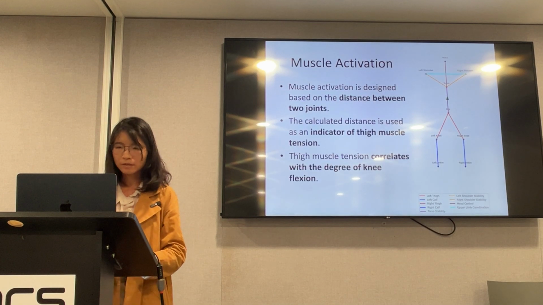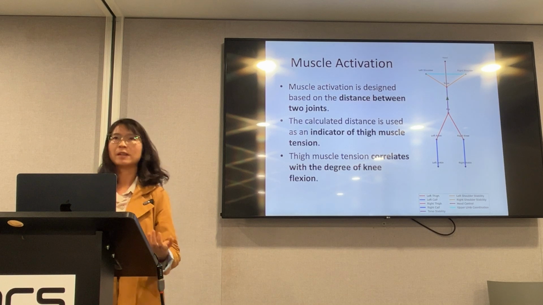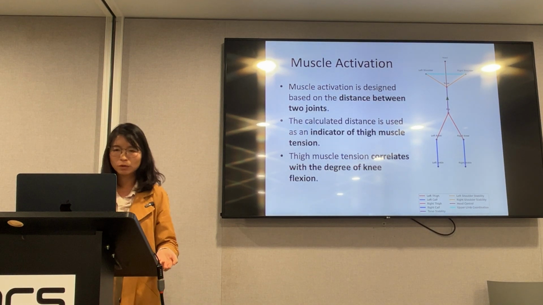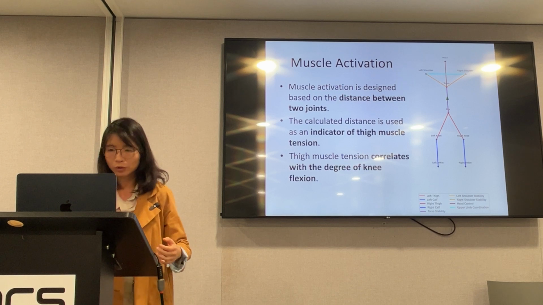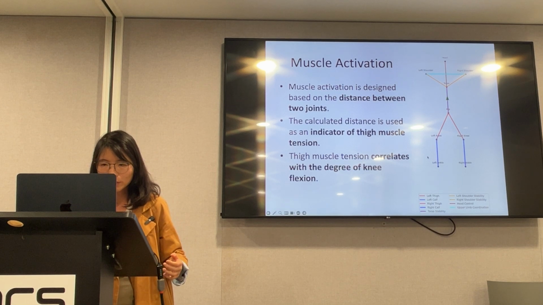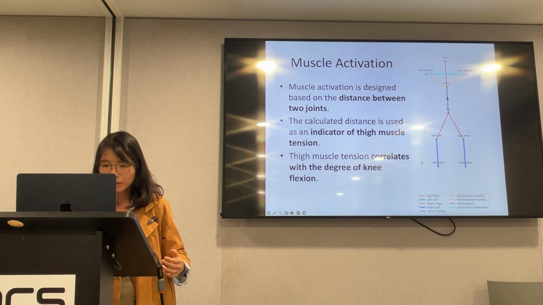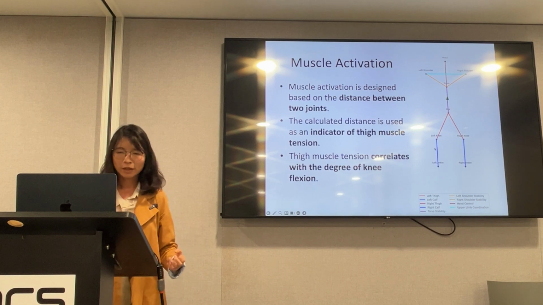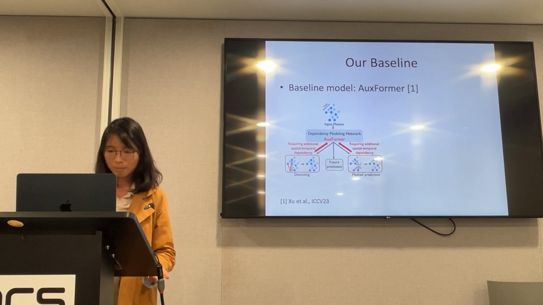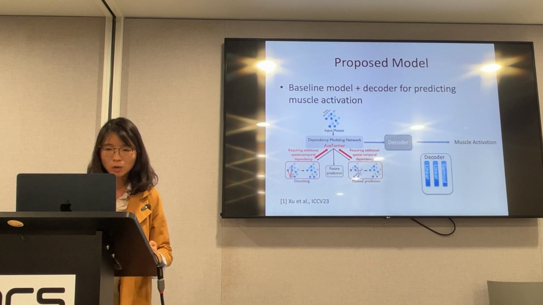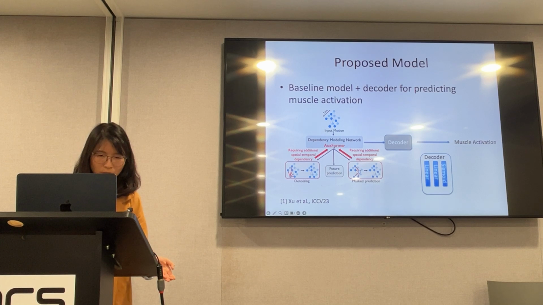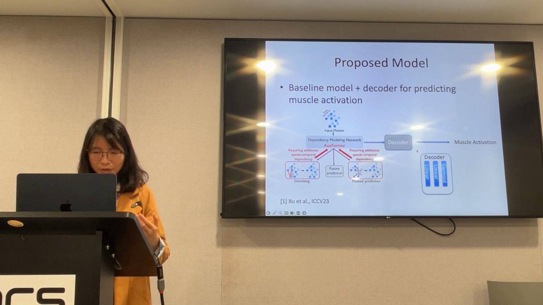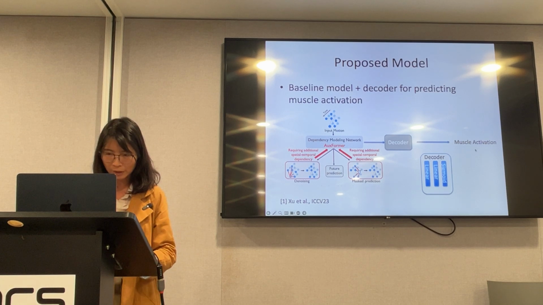On top of that, we estimate this kind of muscle information by calculating the distance between the lower body joints, like the left knee and left thigh, and then incorporate it into our baseline model. We designed a small decoder on top of this Oxformer model to predict the muscle activations.